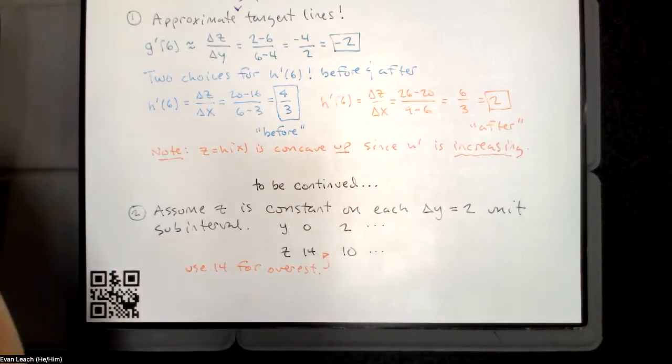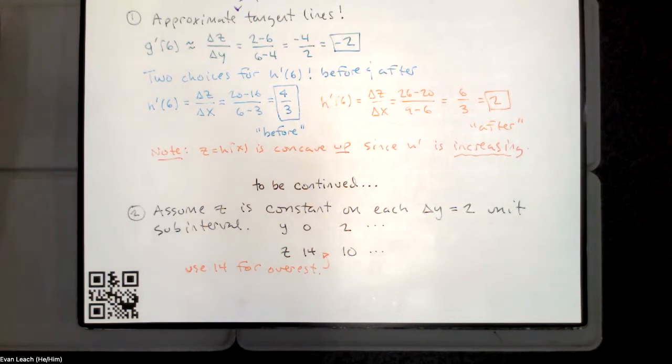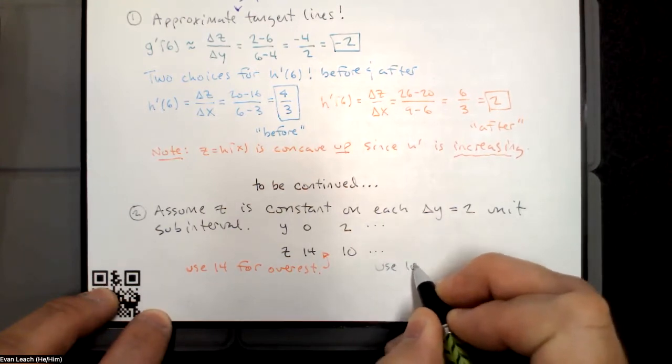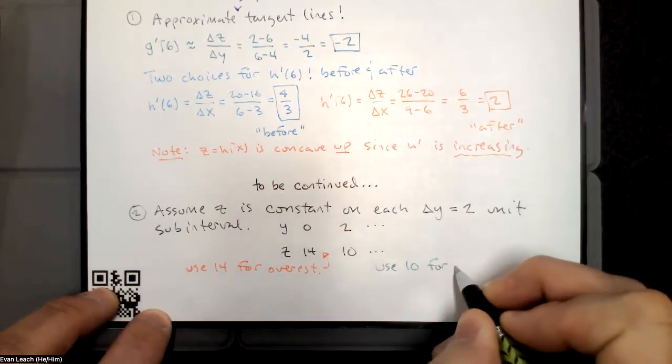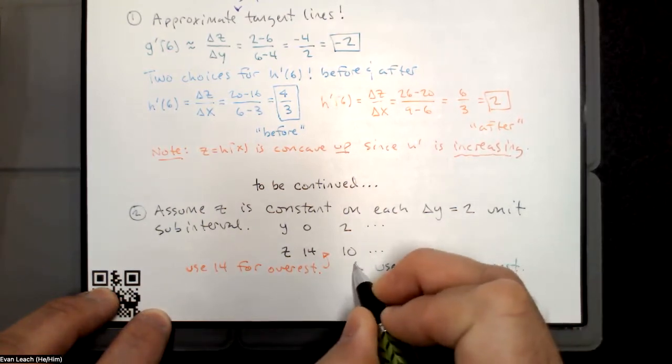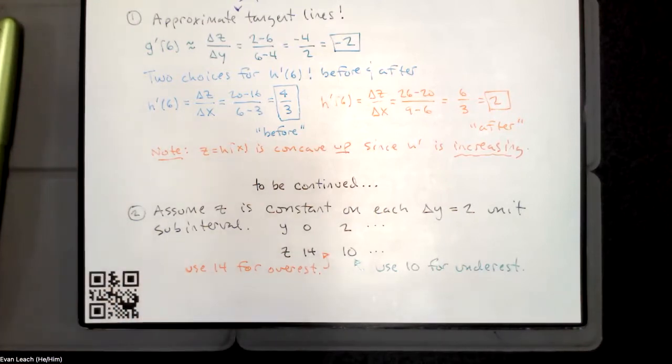We're going to use 14 for our overestimate, and then we'll use 10 for our underestimate. The function g of y does something between 0 and 2. It starts at 14 and ends at 10. We don't know what's going on in the middle, so we're just going to use 14 for that whole 2-unit interval.